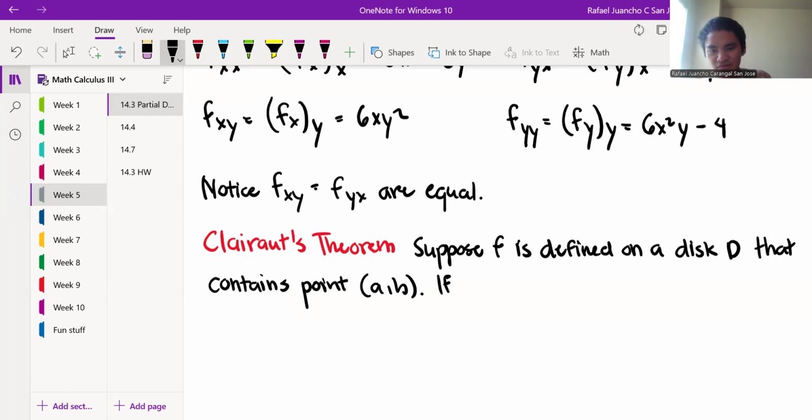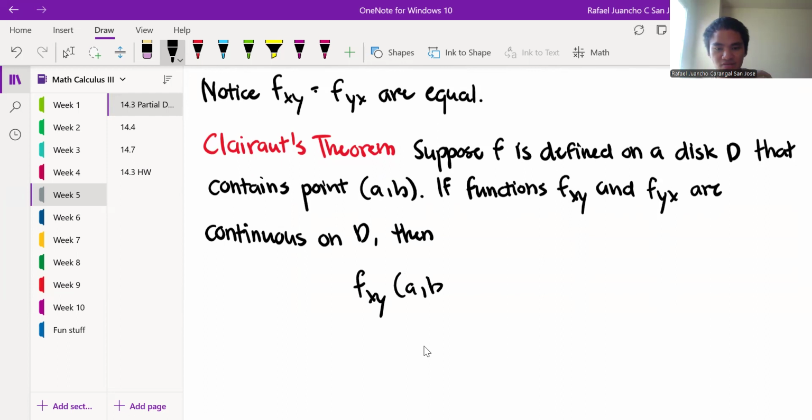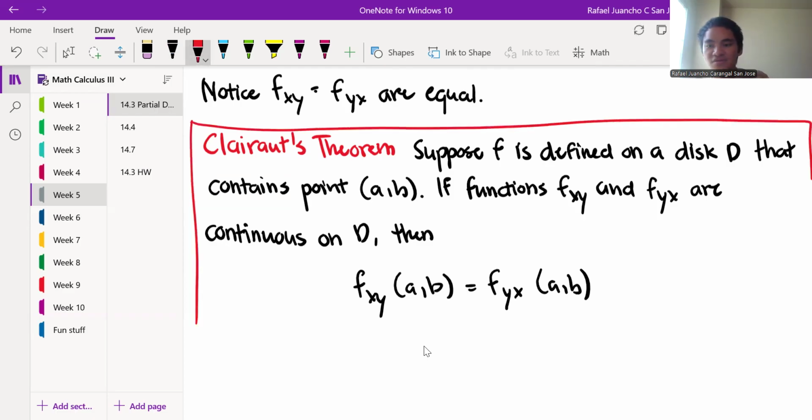And we're saying here that if the functions f sub xy and f sub yx are continuous on D, the disk D, then here's the theorem. f sub xy at that point is the same as f sub yx at the same point. So that's Clairaut's theorem.